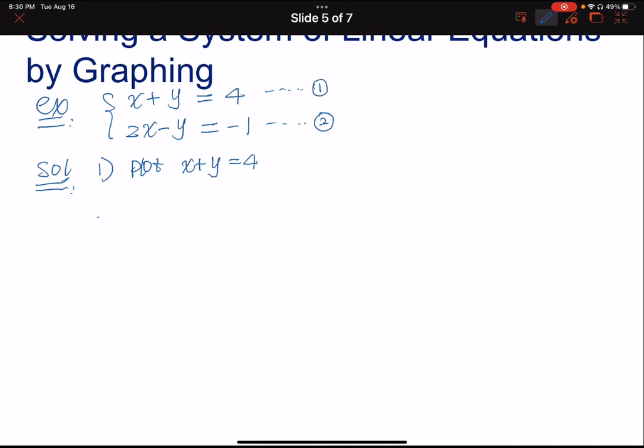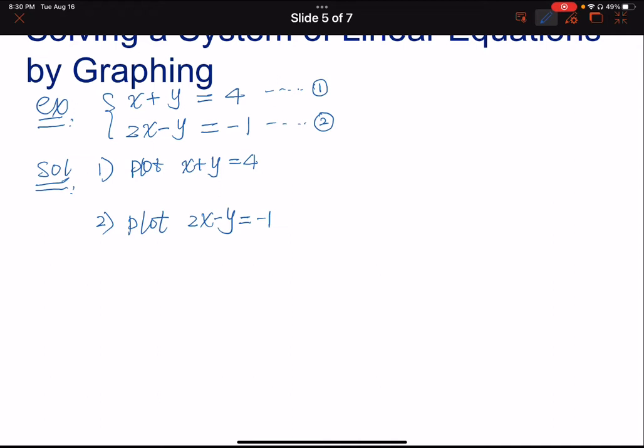Now my second step would be to plot the second equation, 2x minus y equals negative 1. Then there is the first case, where the two lines intersect, or the second case, where the two lines are parallel but do not coincide, or the two lines actually become one line. So there are only three cases.